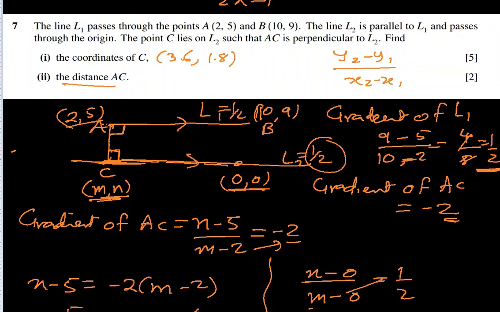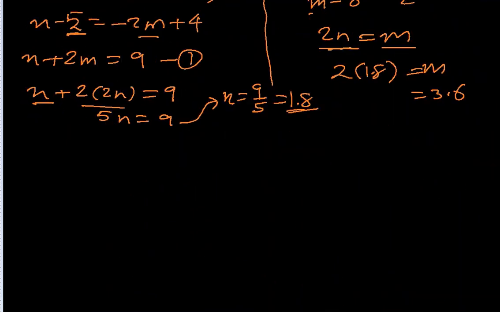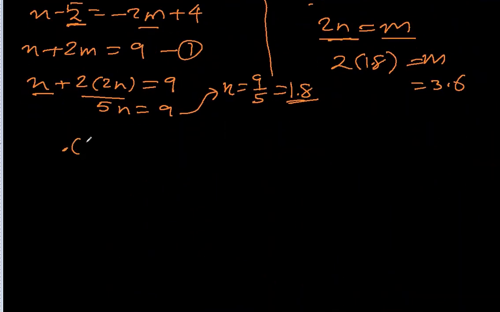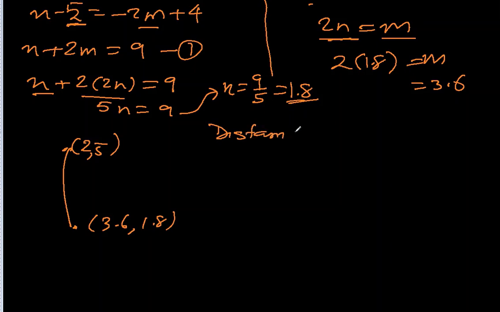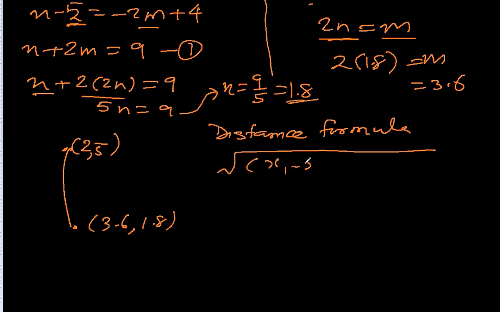Next is to find the distance AC. We know the coordinates of A and C both. Now we can find the distance AC. So A is (2, 5) and C is (3.6, 1.8), and we want to find this distance. We'll use the distance formula, which is the square root of (x1 minus x2) squared plus (y1 minus y2) squared.